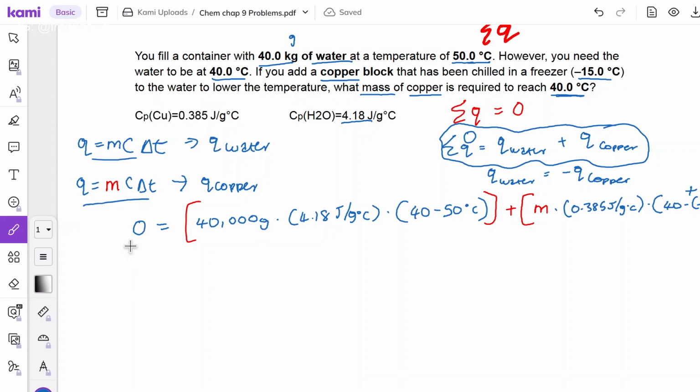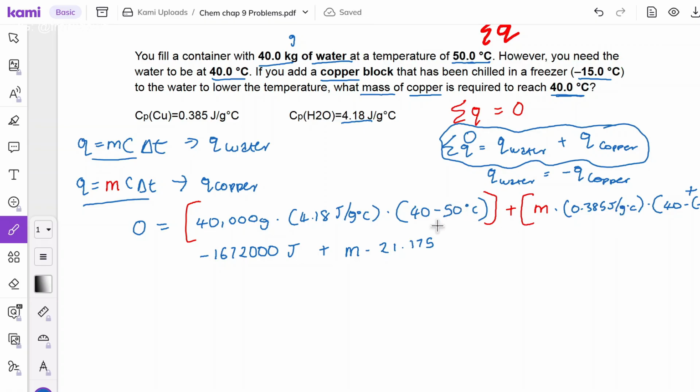Now we simplify this. I'll start plugging into the calculator to get all this. After you multiply all this, the Q of water comes out to be negative 1,672,000 joules, plus it's still M, we don't know M, multiplied by these two multiplied together gives you 21.175.